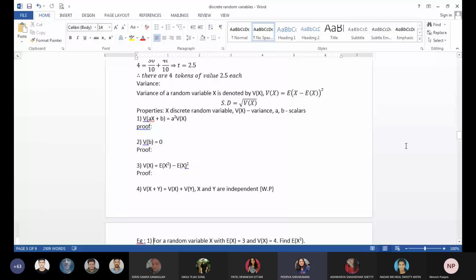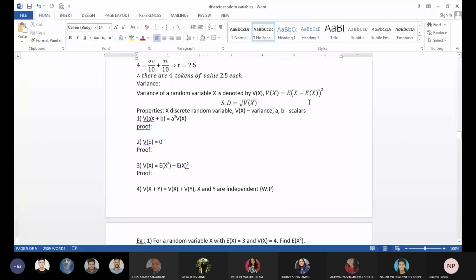Done, sir. Okay. Again I repeat, property 3, variance of x, is expected value of x square minus the square of the expected value of x. This can be treated as a formula equivalent to the given formula, but only after proving it can you treat it as a formula.